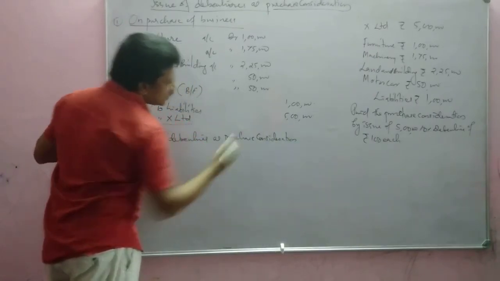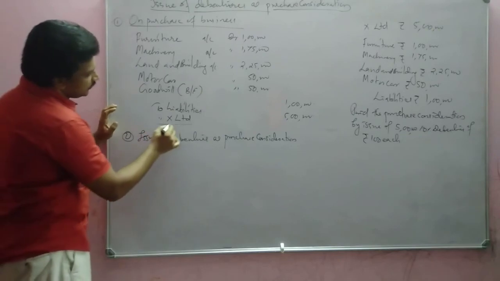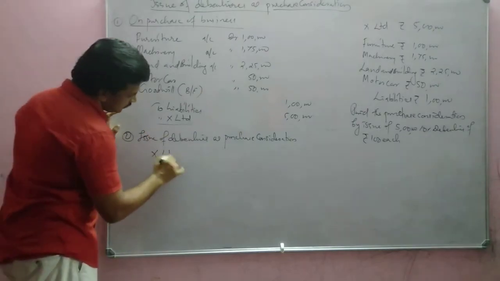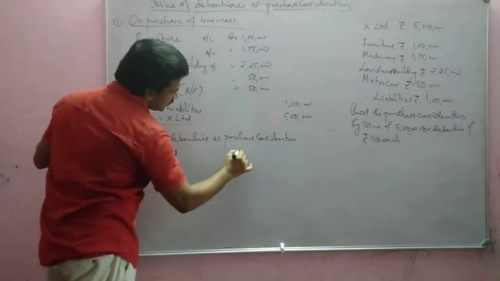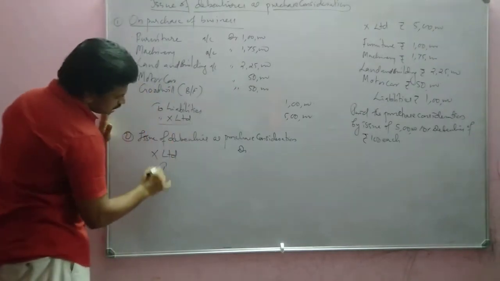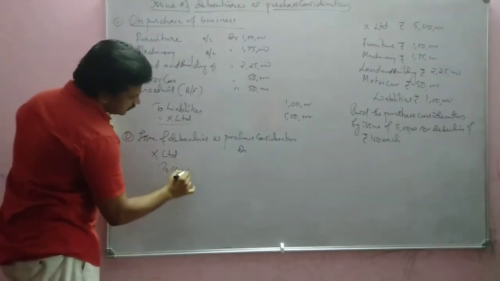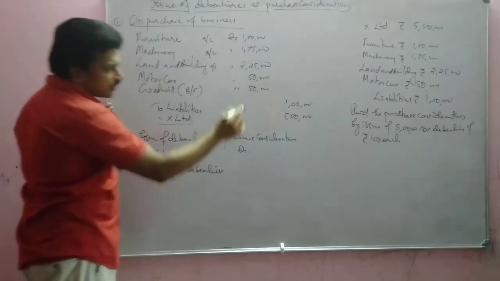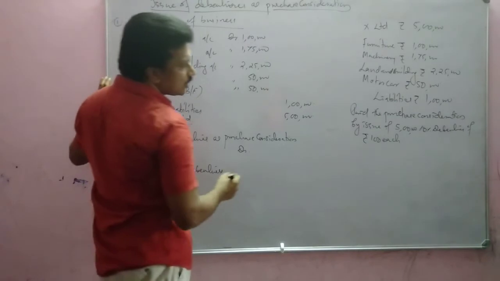What can be the journal entry? We are issuing to the vendor, isn't it? So X Limited debtor to 10% debentures, 5,000 into 100.